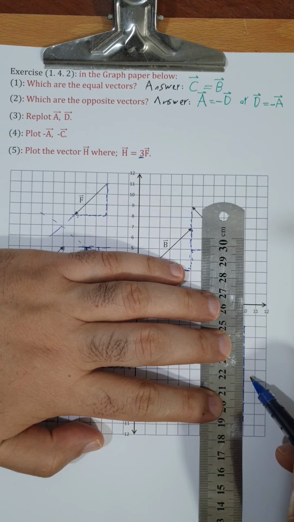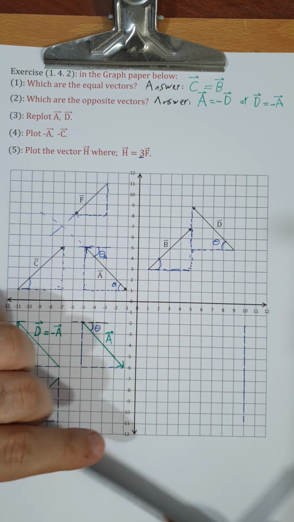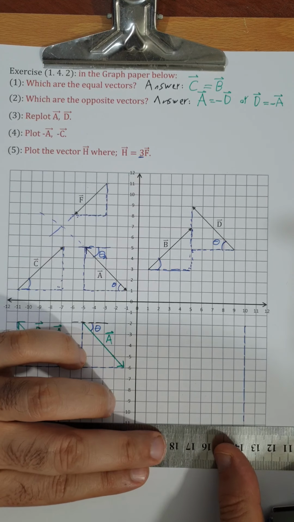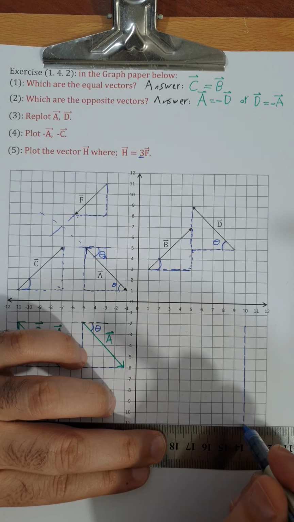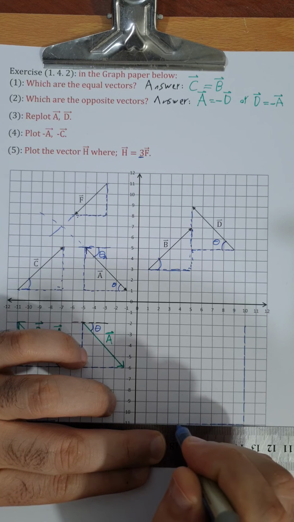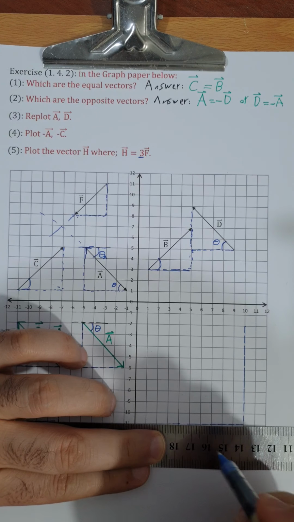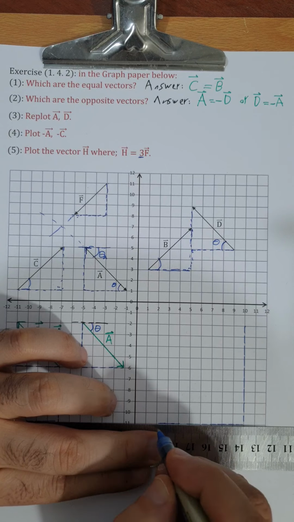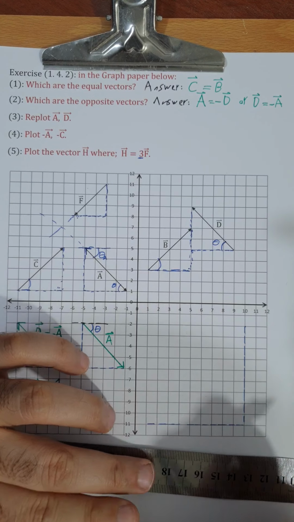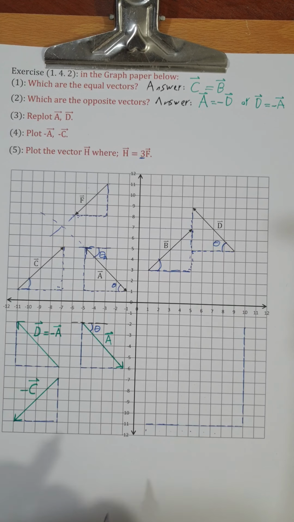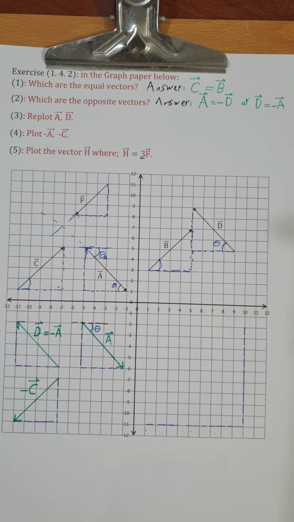One, two, three, four, 5, 6, 7, 8, 9. And what is the direction?